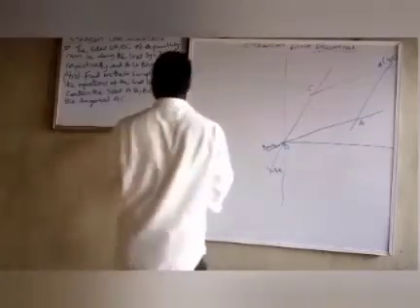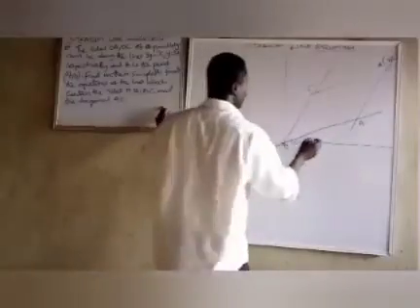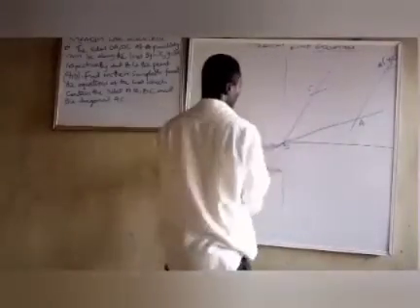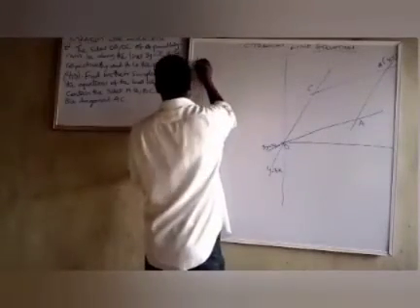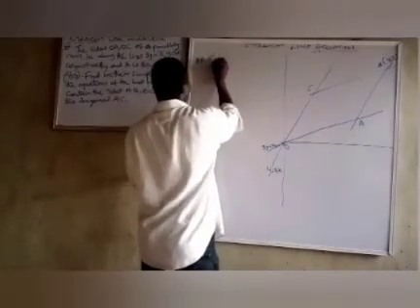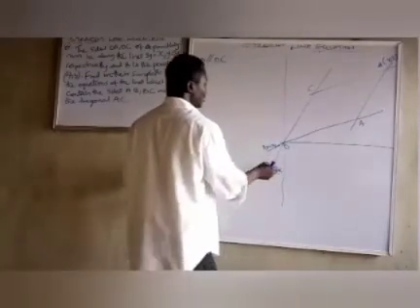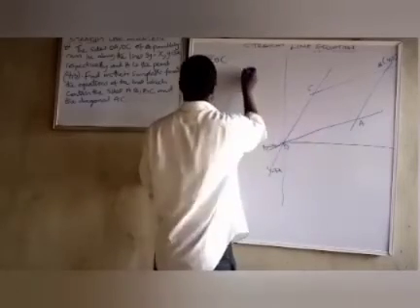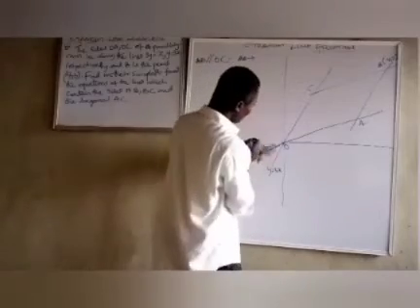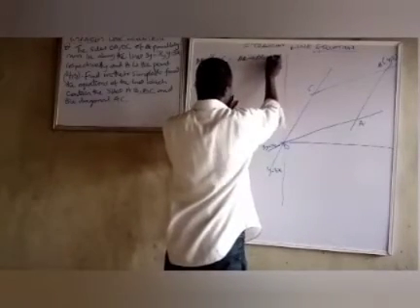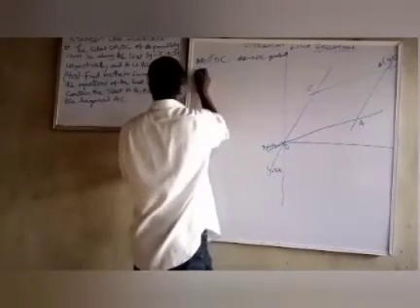Now to find the equations of the lines which contain the sides AB and BC, they have been given these ones. We know that AB is parallel to OC, so they have the same gradients. So the gradient for AB will be the same as the gradient for OC. The gradient is 3.